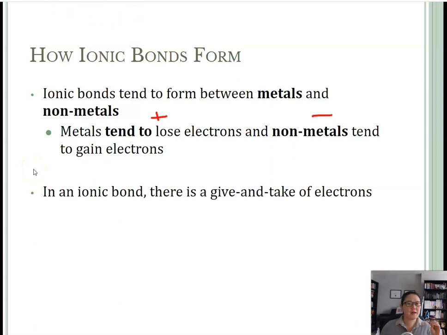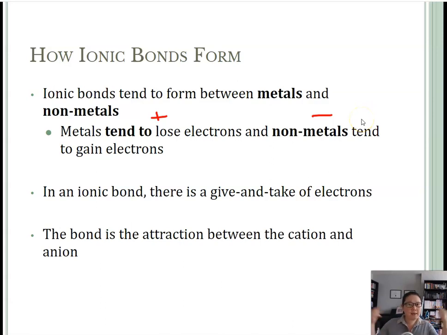And so when you have that give and take of electrons happening, that's how you get that ionic bond, because you have something that's positively charged and something that's negatively charged, and between the attraction of that positively charged cation and negatively charged anion, that's how you get that attraction and that bond between those ions. And that's an ionic bond.